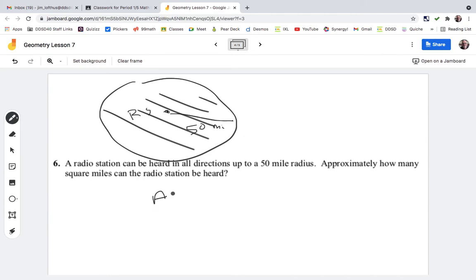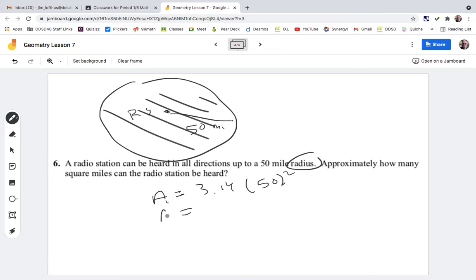So what is this area right here? The area is equal to 3.14 times 50 squared. Let's make sure we had a radius. We did. Okay. So 50 times 50, 2,500.